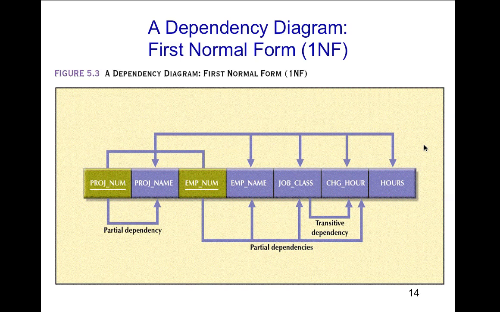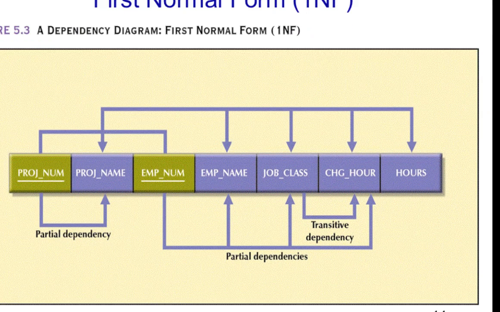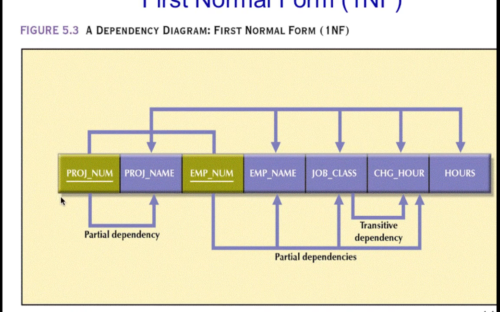When we do that, here's our first look at the dependency diagram. Because we have one table, we have one structure. What we're looking at in terms of the first normal form is these partial and transitive dependencies, which is what we're identifying. And you're already kind of familiar probably with most of this stuff, but the terminology is probably new to you.